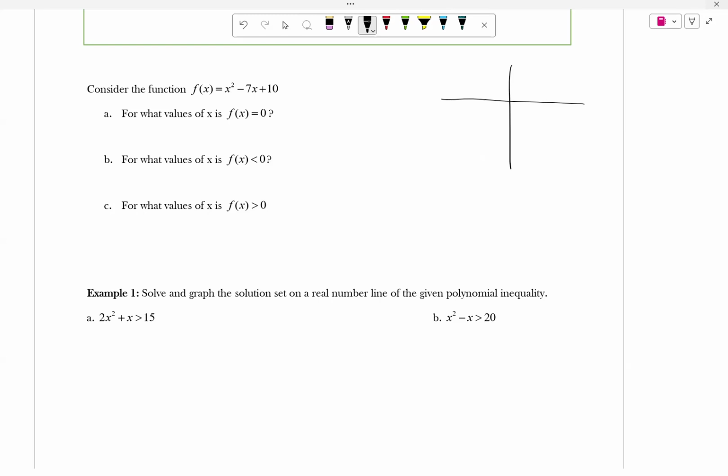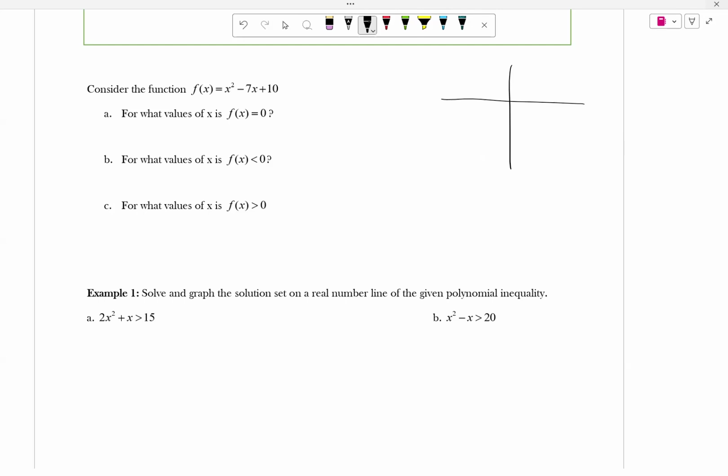Are you finding the vertex first? You can, but instead, I think it's easier to go a different direction. I'm just looking for a quick sketch here. Hey, Kate, were you able to do anything for graphing this?